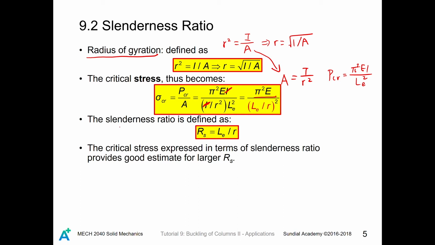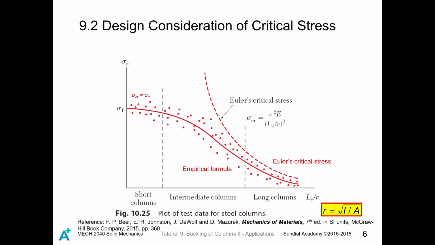Now we are going to define a ratio called the slenderness ratio. The ratio is just LE divided by r, the effective length divided by the radius of gyration. The fact is that the critical stress expressed in terms of slenderness ratio provides a good estimate only for larger slenderness ratios. In the following figure, you can see some experimental data in red dots, as well as a corresponding plot.